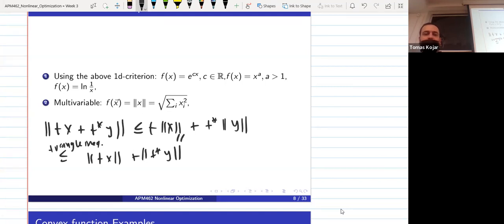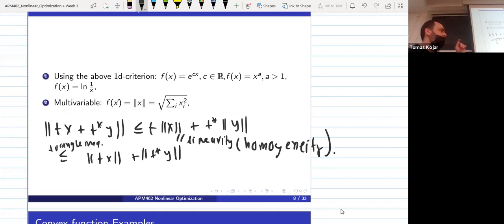This is linearity. It's actually called homogeneity. And we didn't use anything about Euclidean. So a norm that satisfies these two properties is called a norm, and it's always convex.